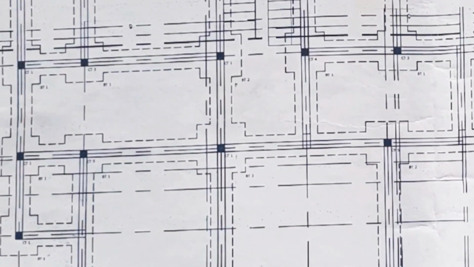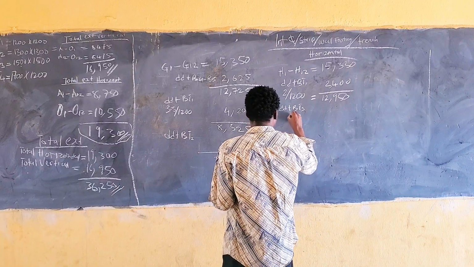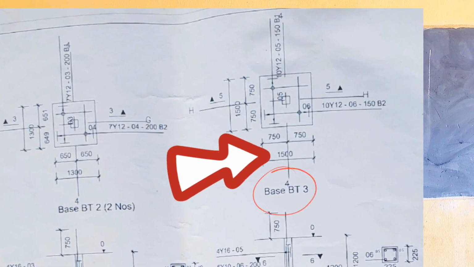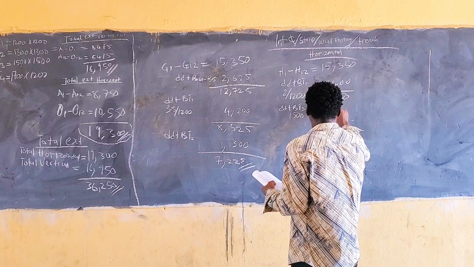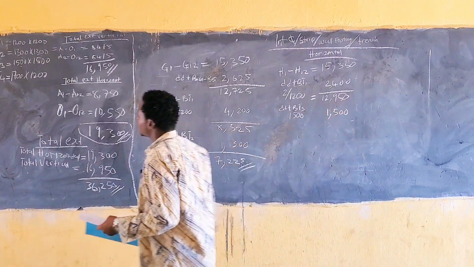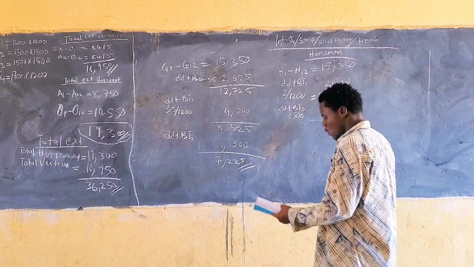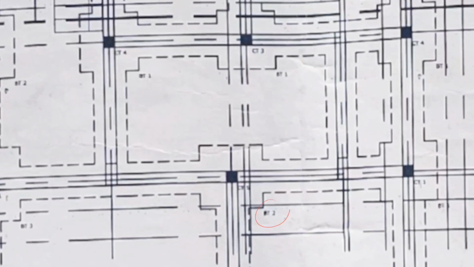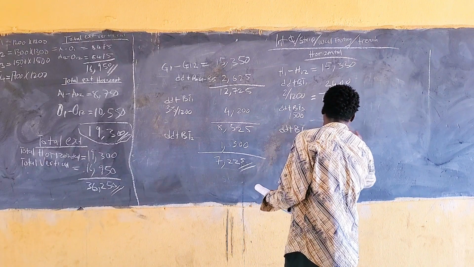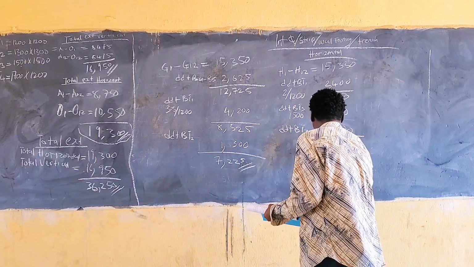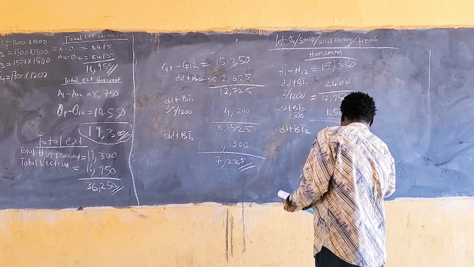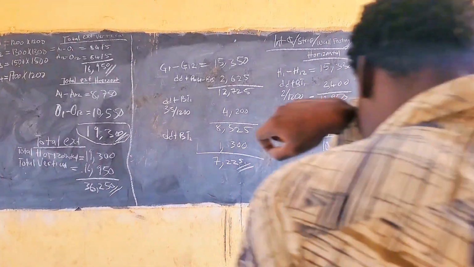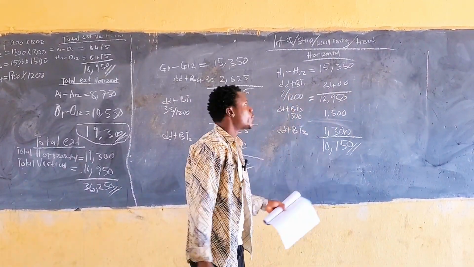So deduct BT3, just one BT3. It's 1.5 by 1.5. Deduct that. And we'll also deduct BT2. There's also a base type 2 along that distance, and base type 2 is what? 1,300. So that will give us 10,150. So this will be all for the horizontal gaps.